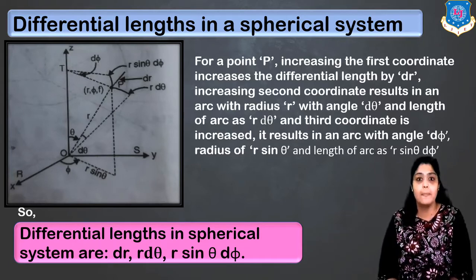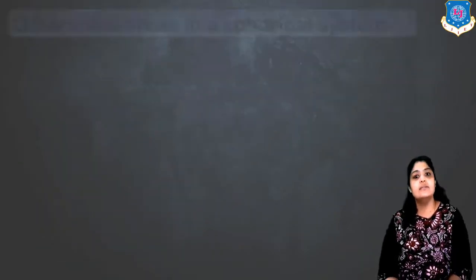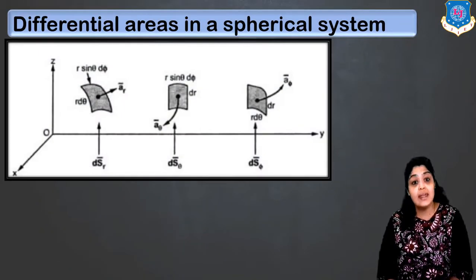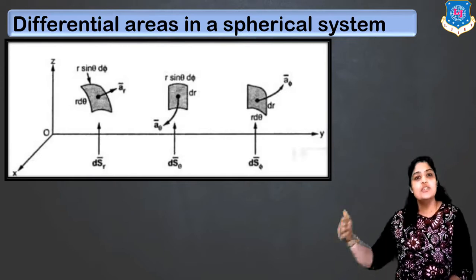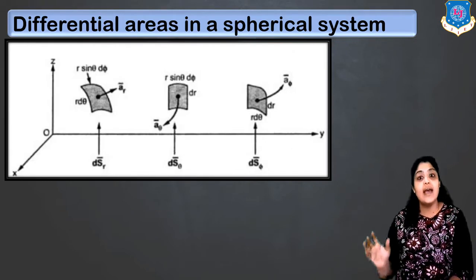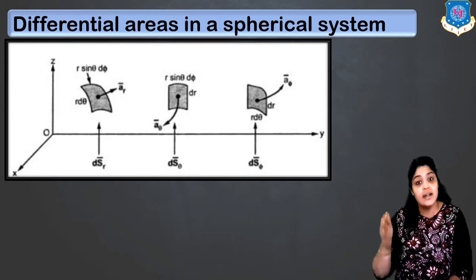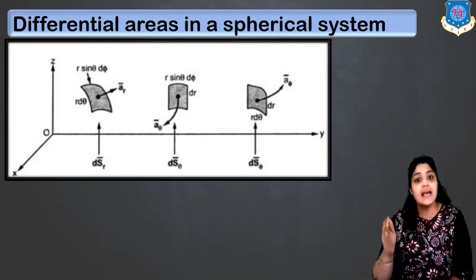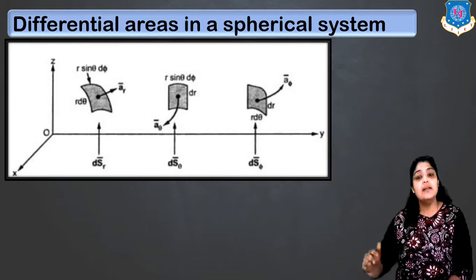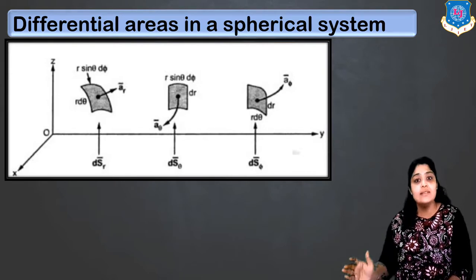And hence I get the differential lengths in a spherical system as dr, r d theta and r sine theta d phi. Now let's move ahead and discuss the differential areas in a spherical system. Just consider the first one, where I have r as a constant. I have the surface wherein I have r d theta and r sine theta d phi. Similarly, the second one shows when theta is equal to constant.